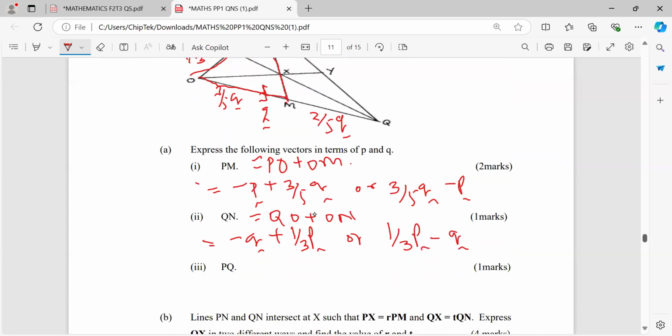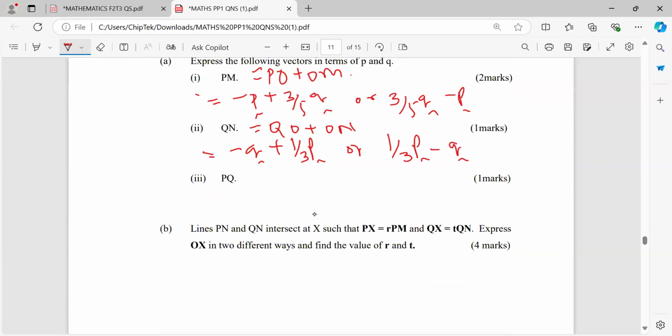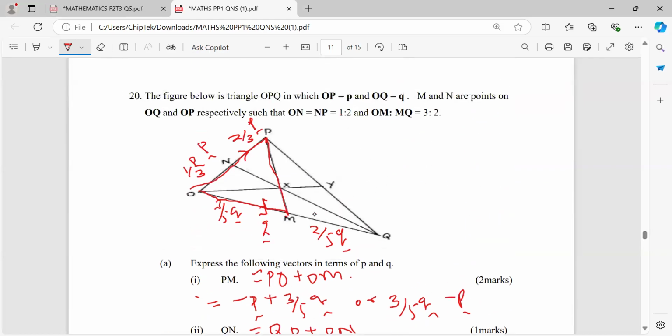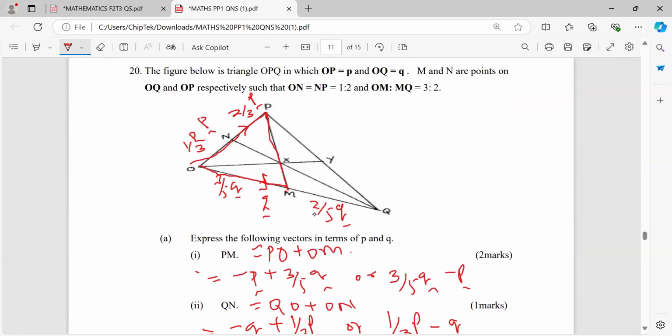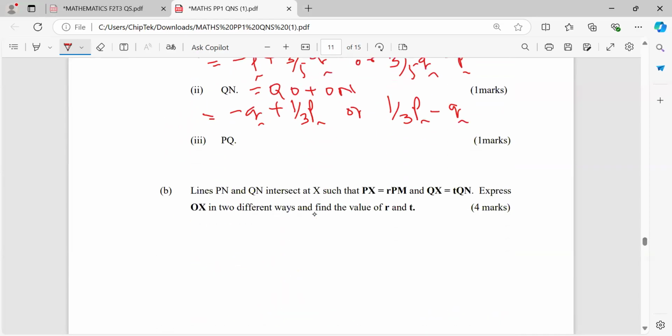The other question we have is PQ. Kwenda kuanzia P kwenda Q is the simplest way ni PO plus OQ. So PQ ni PO plus OQ.